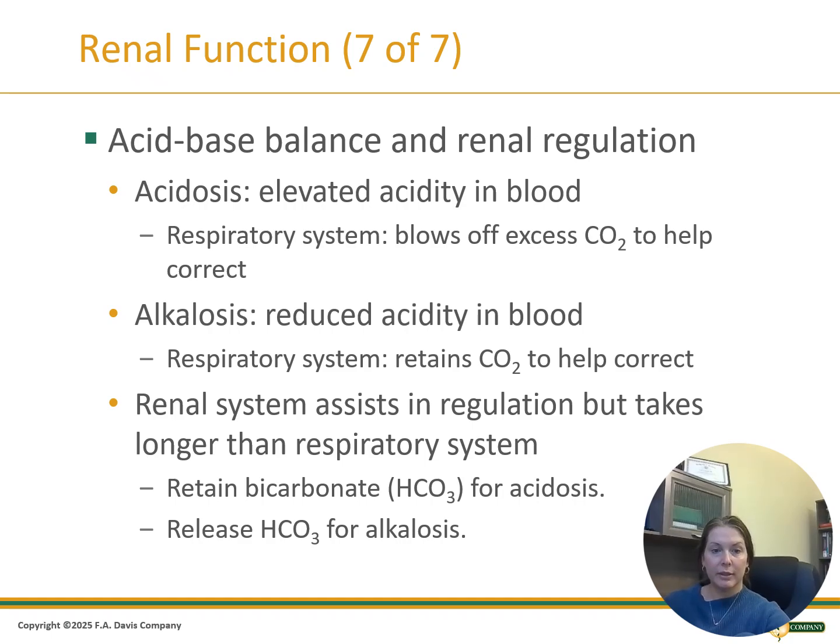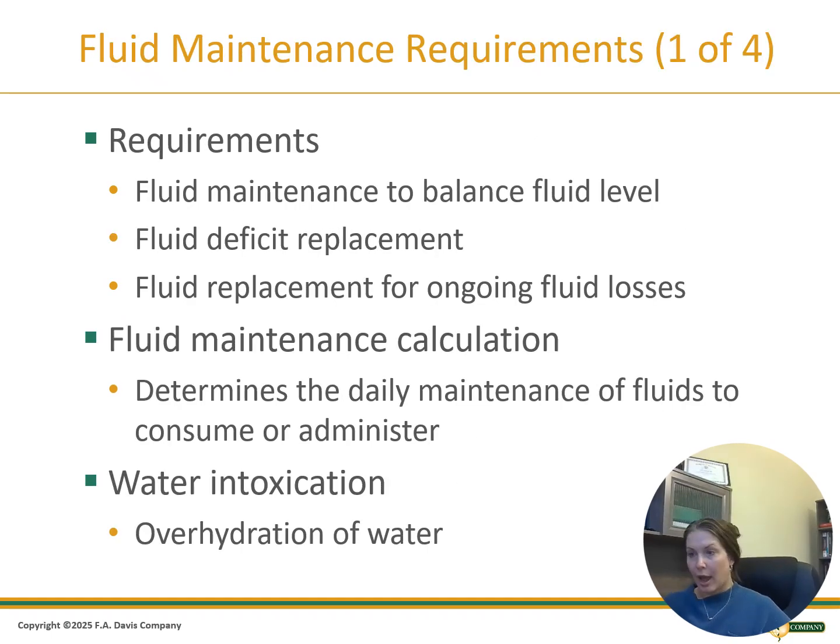Here we go, let me find this. Alrighty, so fluid maintenance requirements. We want to keep our fluid levels balanced for our normal body functions. For fluid deficit replacement, we want to restore those fluids that are lost from things like dehydration, bleeding, vomiting, diarrhea, and then our ongoing fluid losses.